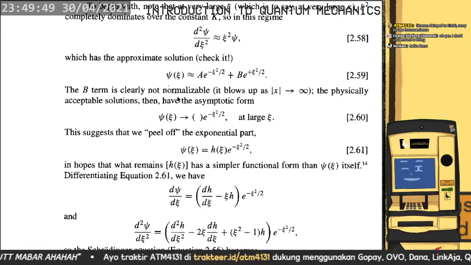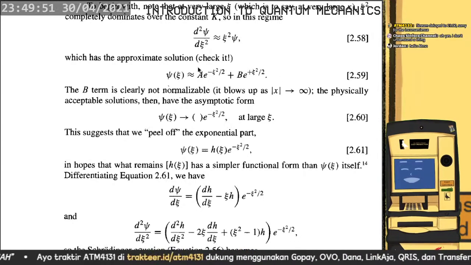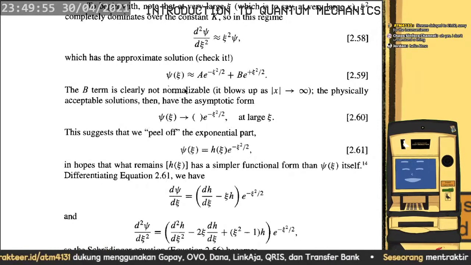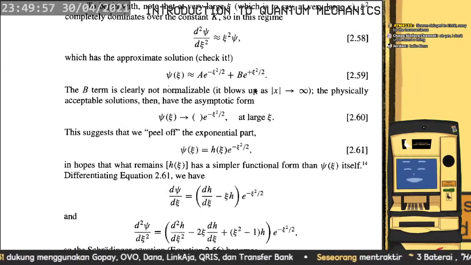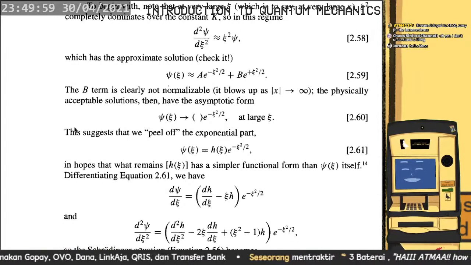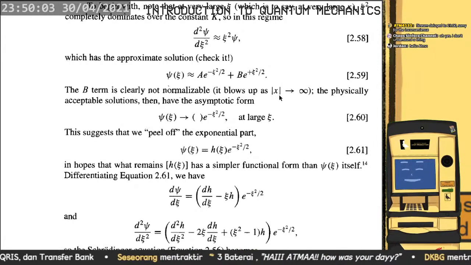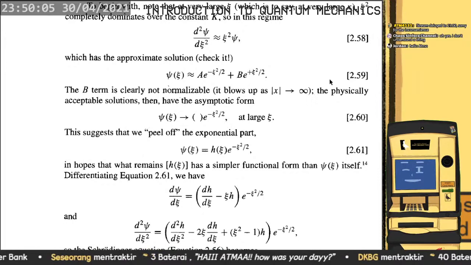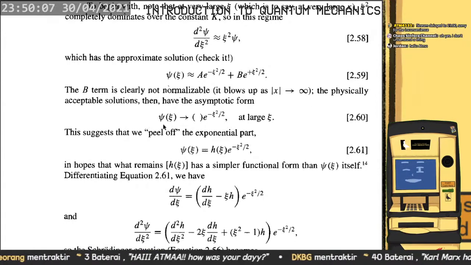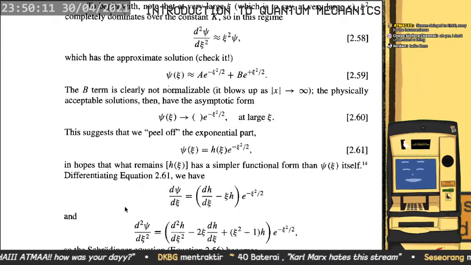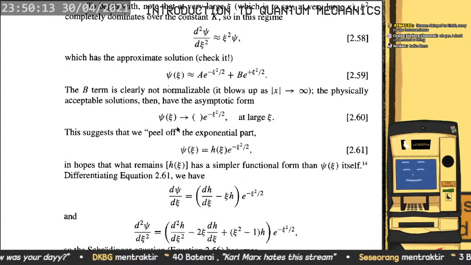It's getting harder and harder to read the equations. So it has the approximate solutions like Equation 2.59. The B term is clearly not normalizable. It blows up as x goes to infinity. The physically acceptable solutions then have the asymptotic form of this.